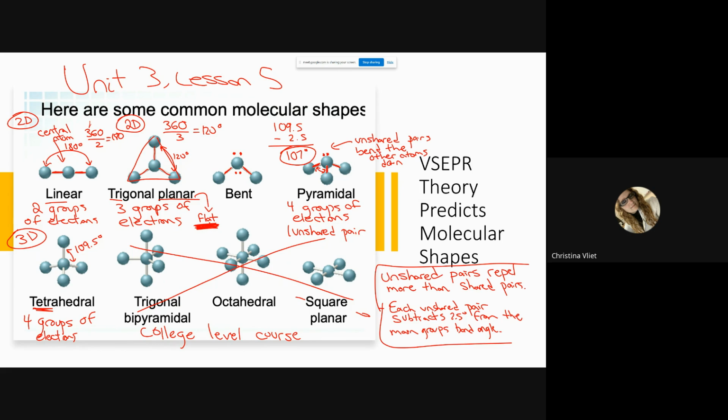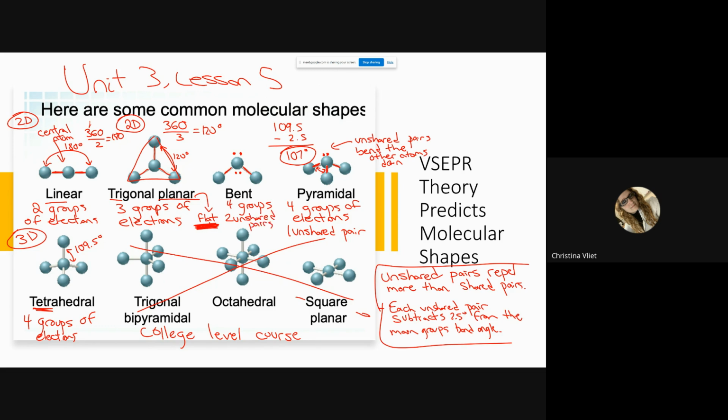The last one's bent. How many groups of electrons do you see in bent around the atom in the middle? How many groups of electrons? There's one here, there's one there, but then there's also that pair at the bottom and the pair at the top. How many total groups of electrons is that? 4. But 2 of them are unshared pairs.